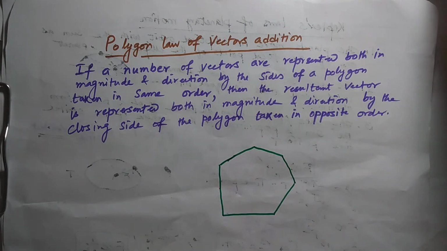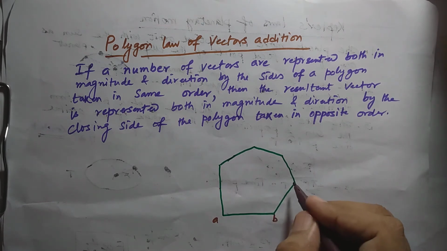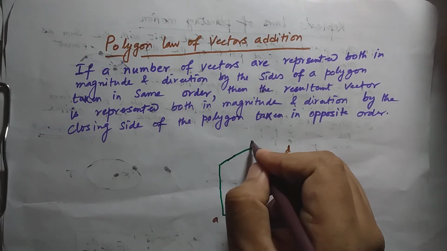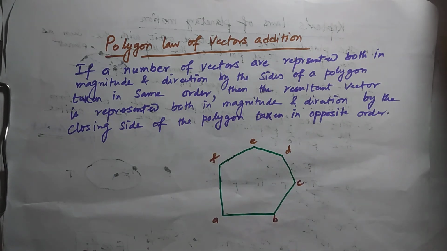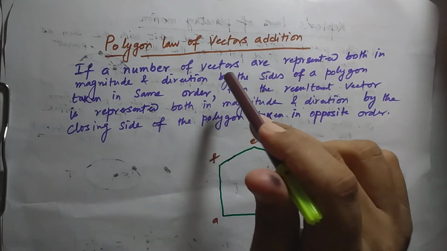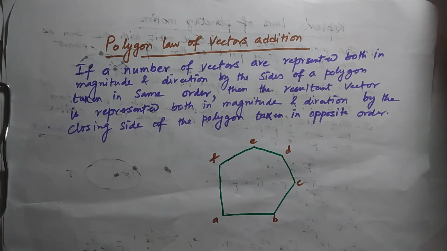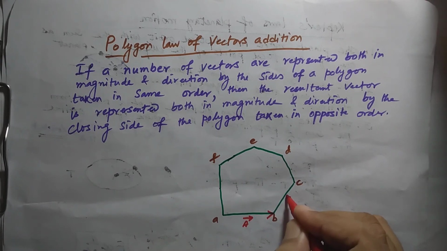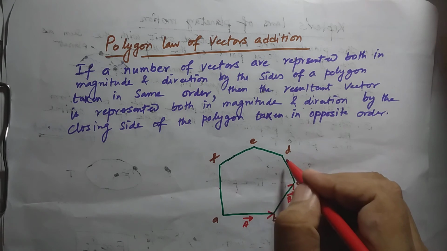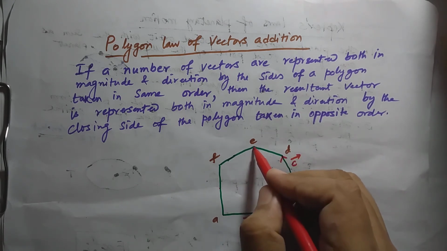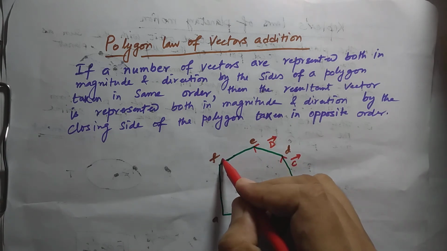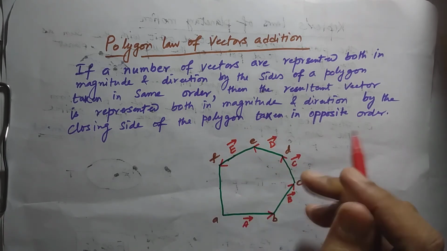Now I can give names to the sides: A, B, C, D, E and F. Now what is said: if a number of vectors are represented both in magnitude and direction by the sides of a polygon taken in the same order, that means this is a vector, this is a b vector, this one is c vector, this is d vector, and this one is e vector. Okay, the vectors are finished.